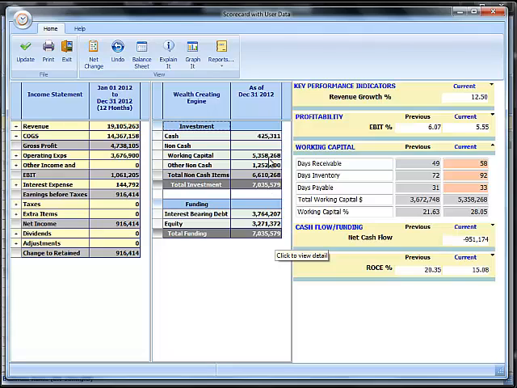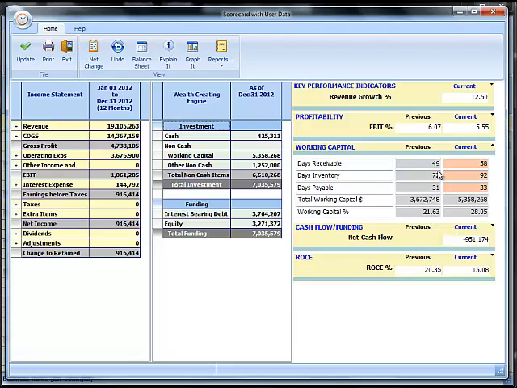And as you can see, we are using about $5.3 million worth of working capital. We have about $425,000 cash in the bank, and our other non-cash assets are sitting at about $1.2 million. So that gives us a quick overview of how we're using our funds.